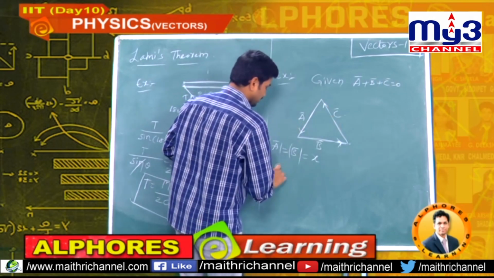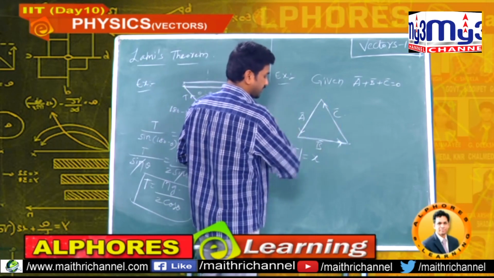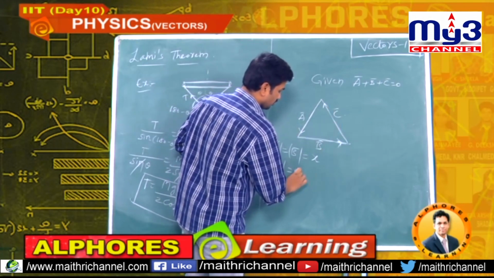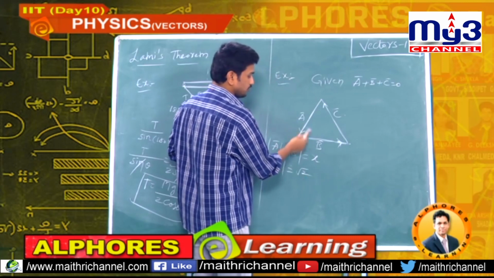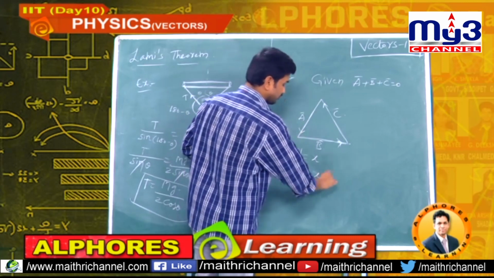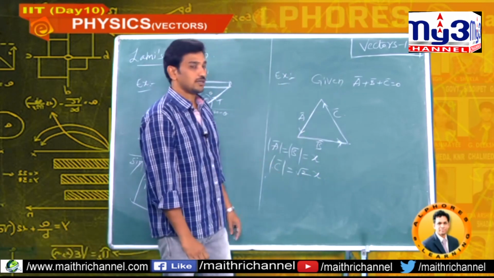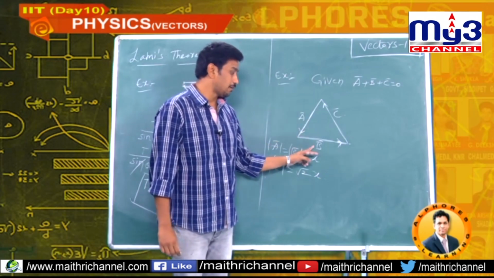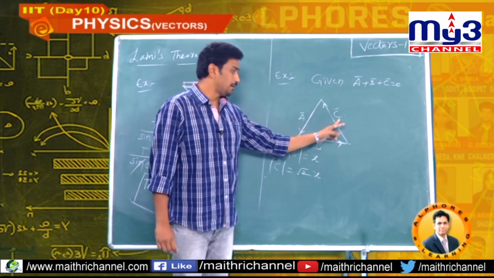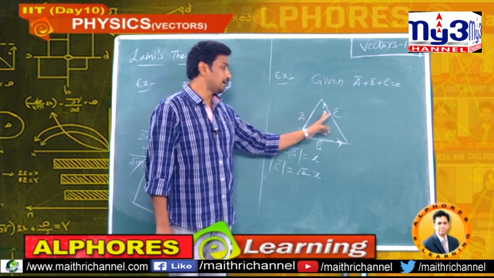Now he gave the magnitude of the third vector as root 2 times any one of the vector magnitudes. Now they are asking to calculate the angle between A bar and B bar, the angle between B bar and C bar, and the angle between A bar and C bar.